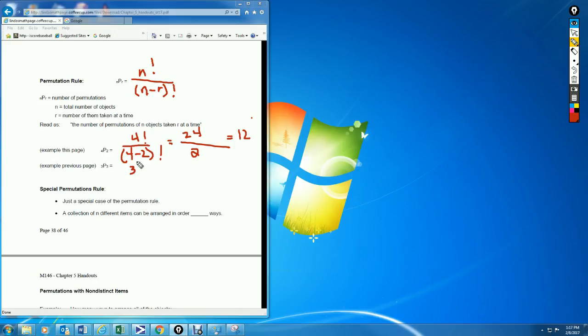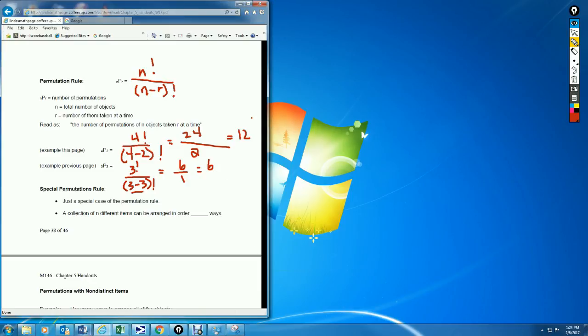In other words, 3 factorial over 3 minus 3 factorial. 3 factorial means 3 times 2 times 1, which is 6. 3 minus 3 is 0. 0 factorial is 1. So this equals 6. And we already saw on the previous page that there were 6 ways to do that.